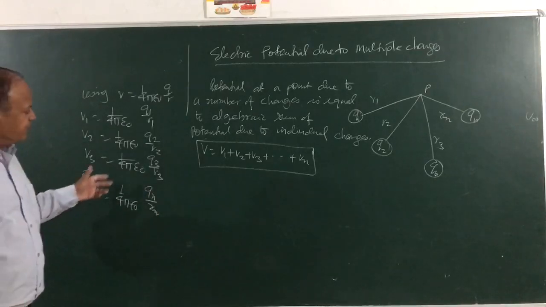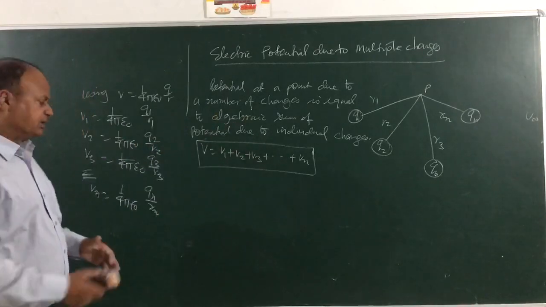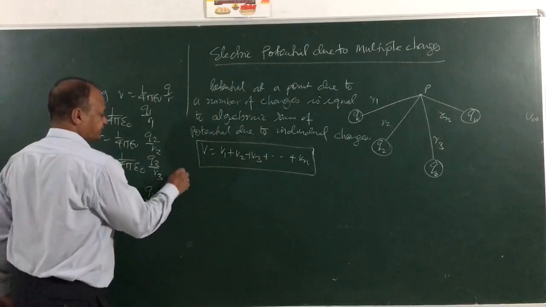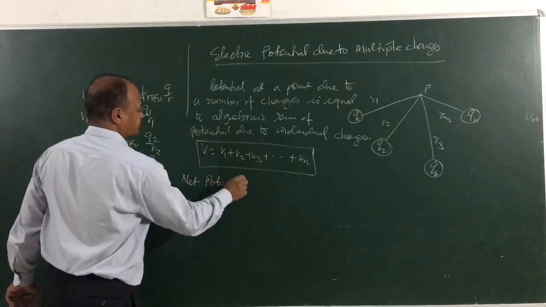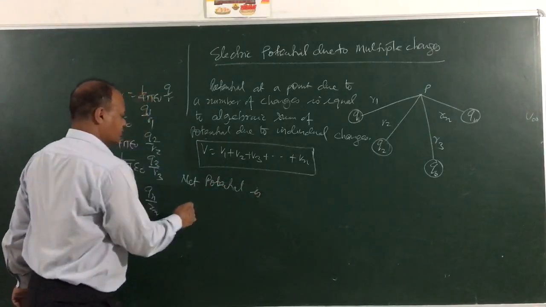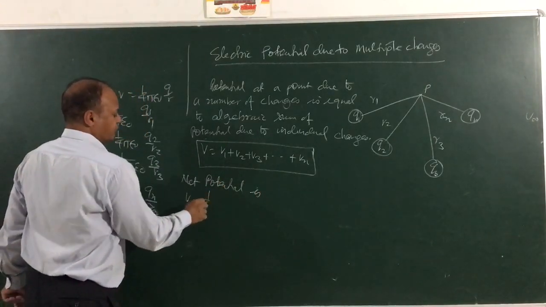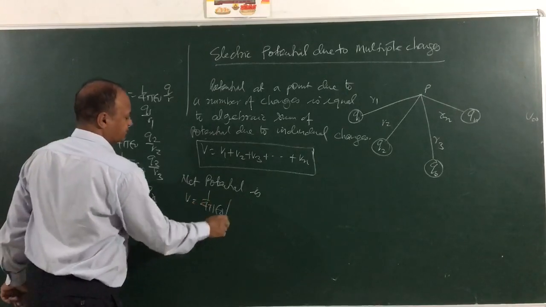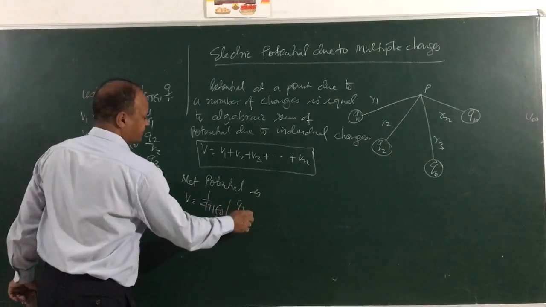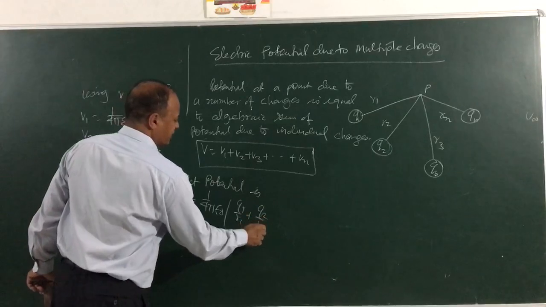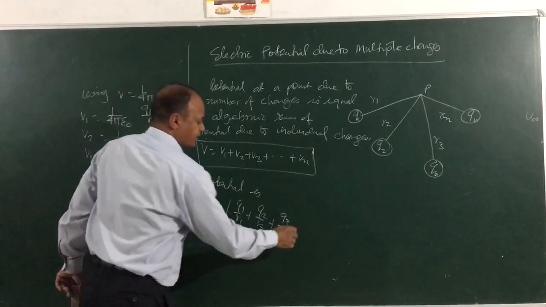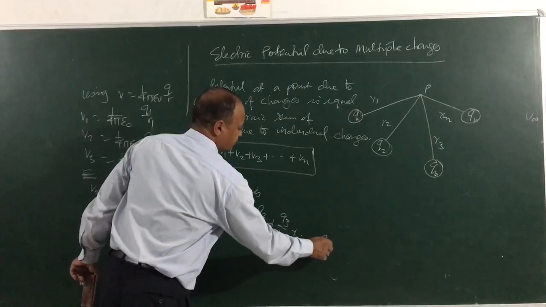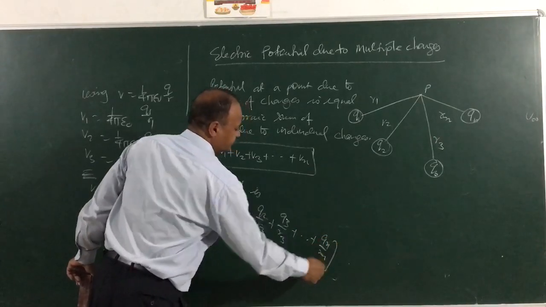If I put all these values here, the net potential is V equal to 1 by 4 pi epsilon 0, which is common, Q1 by r1 plus Q2 by r2 plus Q3 by r3, lastly Qn by rn.